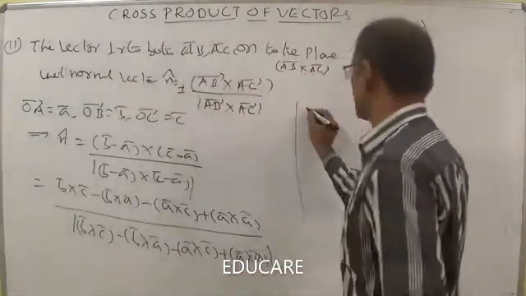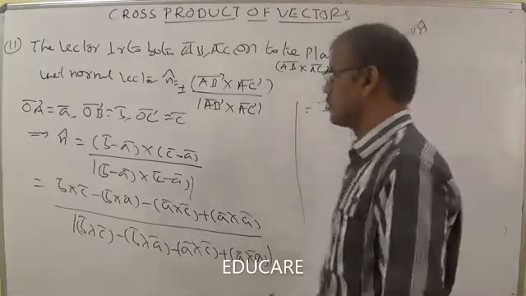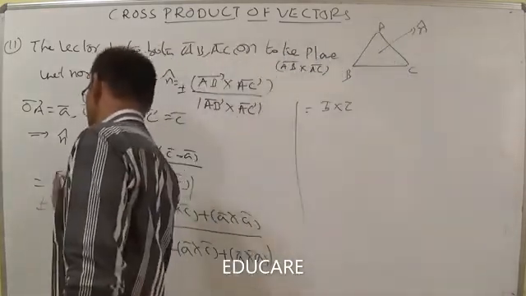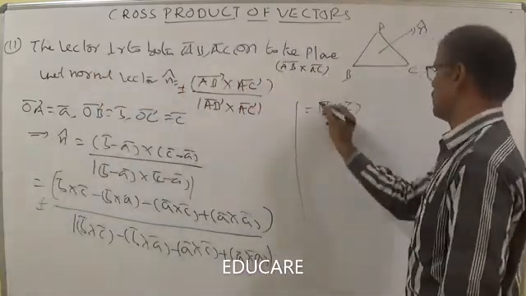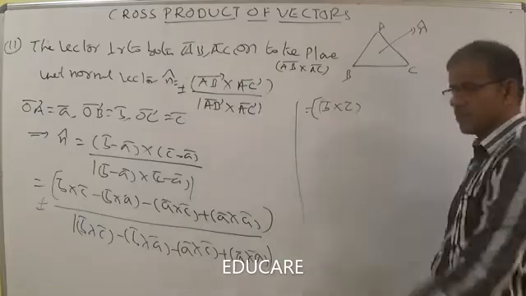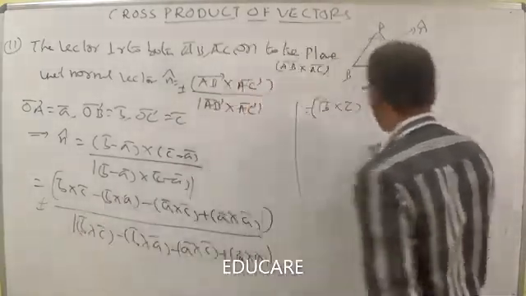Now try to understand that B bar cross C bar, here you can put plus or minus within the brackets. Whenever we change the direction, the sign becomes plus.